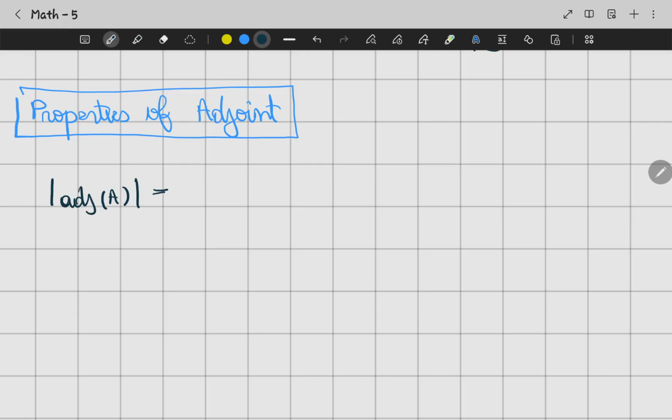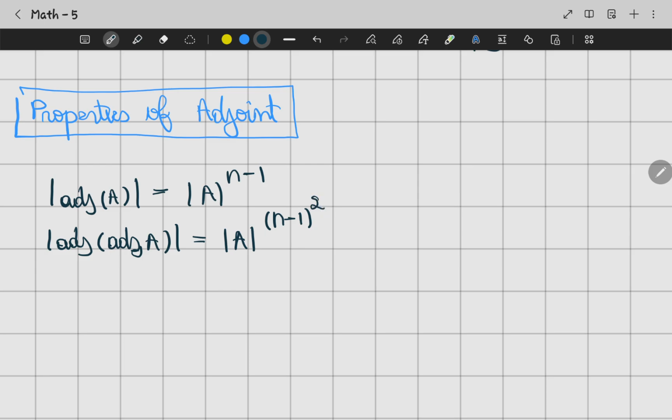Let's say for example this is the adjoint of A. It's actually equal to A to the power of n minus 1, where n is the size of the matrix. Let me give you another example. This is another property: the adjoint of A will be equal to A to the power of n minus 1 squared.